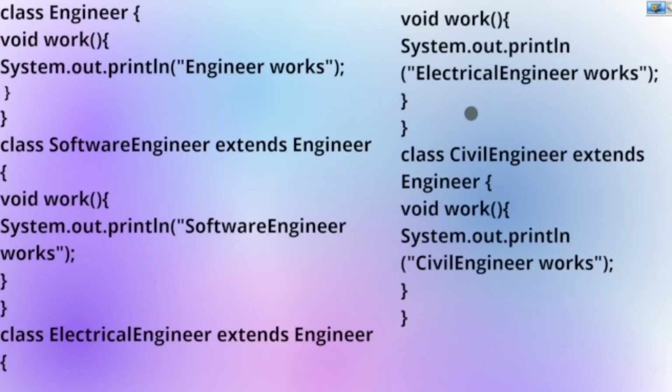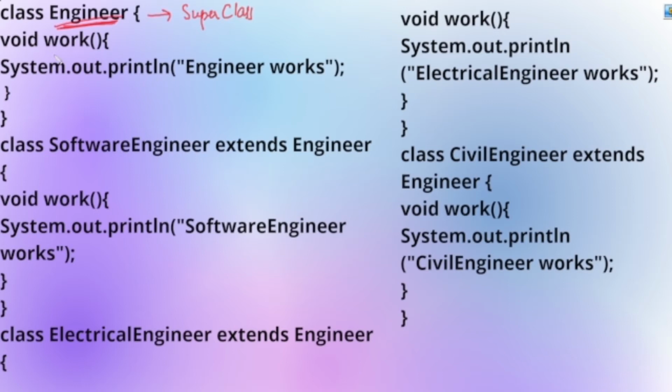Let us see an example here. Here you have a class, Engineer. Let us make this the superclass. Now, what is overriding? Overriding is that a method can be overridden from the superclass in the subclasses with a different implementation.